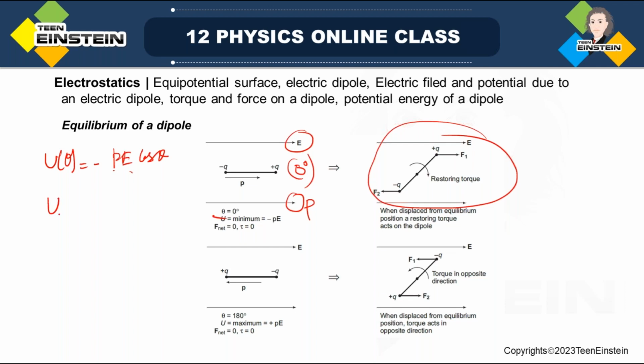So see, the minimum value of this, minimum U occurs at, see, the minimum value will be only minus PE, because after this theta has no value at theta equal to 0.